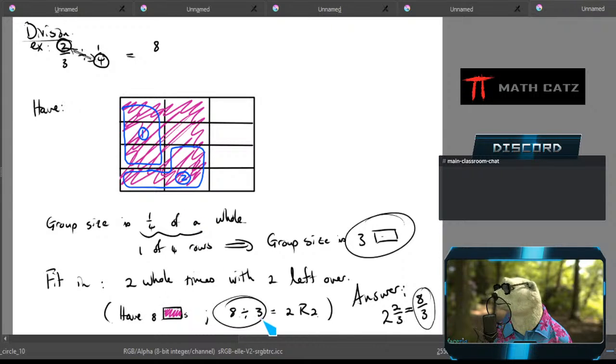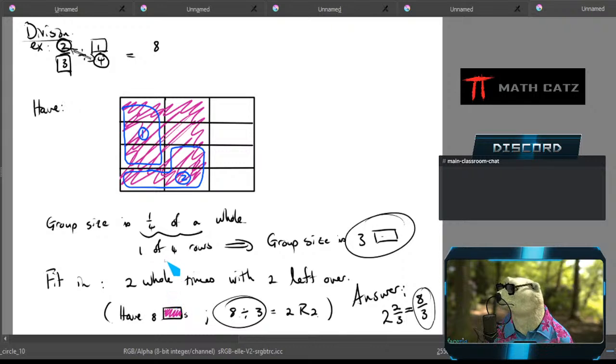Then the group size. Well, I originally split it up in columns according to the first denominator. Regardless of what I have, it was 3 columns, my whole rectangle. Then I take a number of rows according to the numerator of the second fraction.